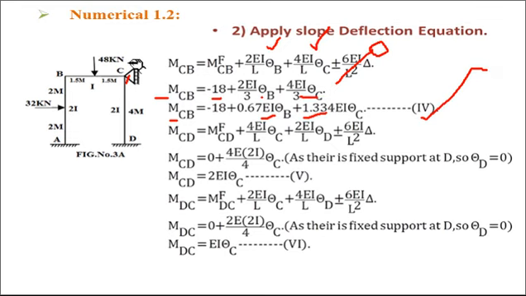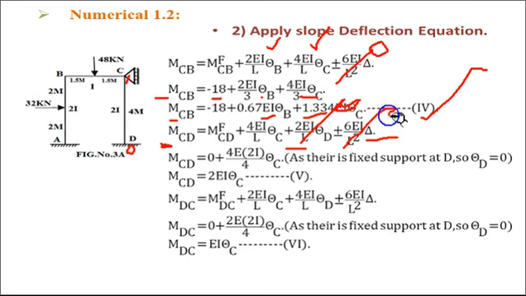Now consider vertical member CD. The slope deflection equation: MCD is equal to MFCD plus 4EI by L into theta C plus 2EI by L into theta D plus minus 6EI by L square into delta. Now here theta D will be 0 for the vertical member.